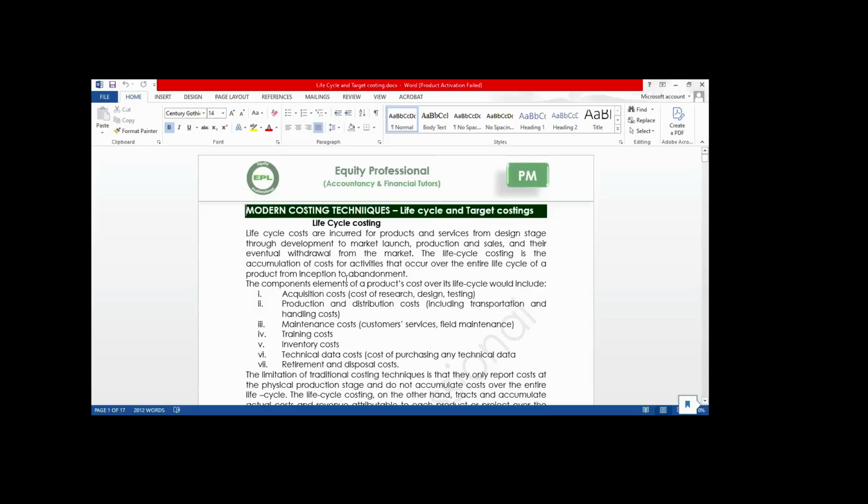The starting point is you conceive a product idea. You conceive the idea to develop a product.